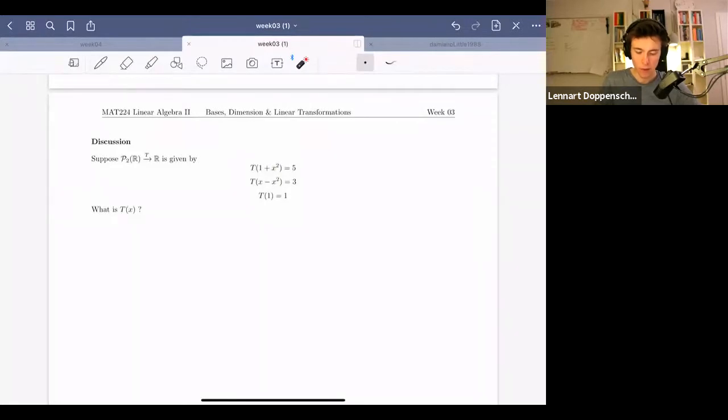So I'm giving you these 3 pieces of information, and I want you to find T of x. Yes, T is linear. I didn't write this, but this is very fundamental and very important.